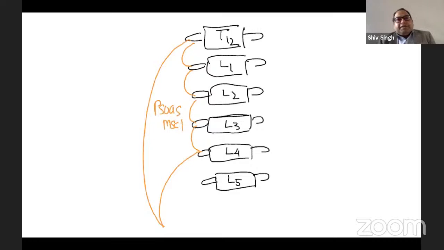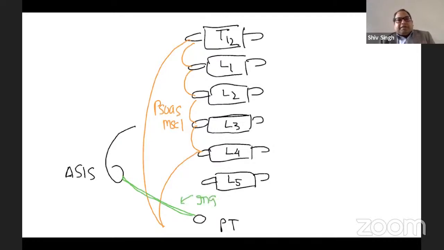They take origin from L1, L2, L3, L4. So that's the anterior superior iliac spine, and we've got the pubic tubercle, and joining these two is the inguinal ligament. So that will be our inguinal ligament.